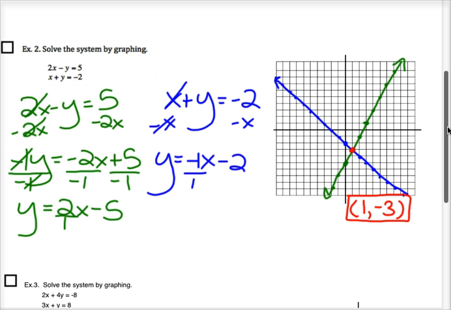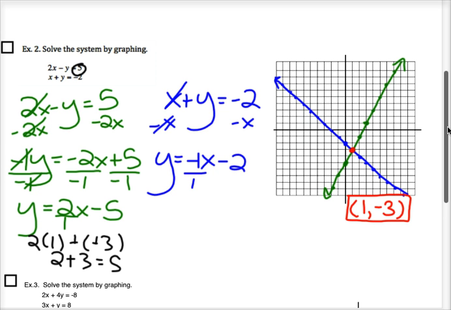So my first equation, 2 times x, well x is 1, minus y, so minus a -3. Minusing a negative is essentially adding, so 2 plus 3 being 5. That is what the equation told me that I should get. So it works in the first equation.